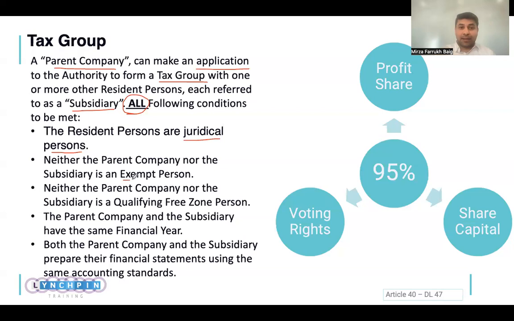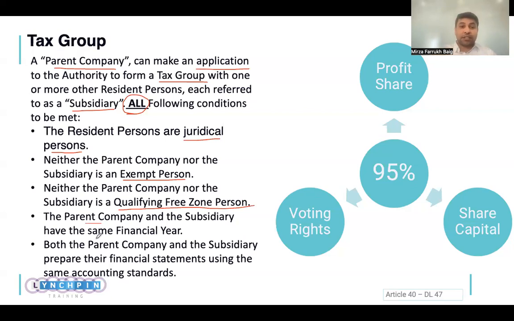And the parent or subsidiary should not be an exempt person. And none of them should be a qualifying free zone person. So apparently most of the free zone entities will not be able to be grouped in this concept.